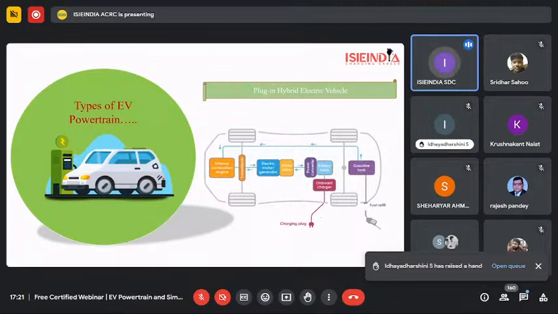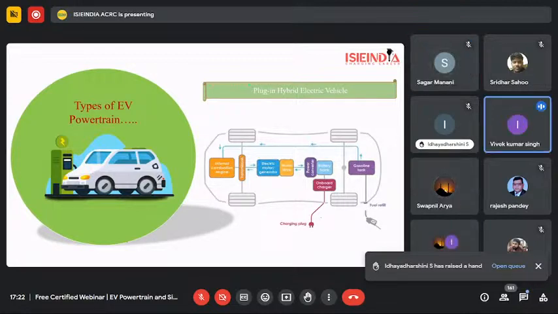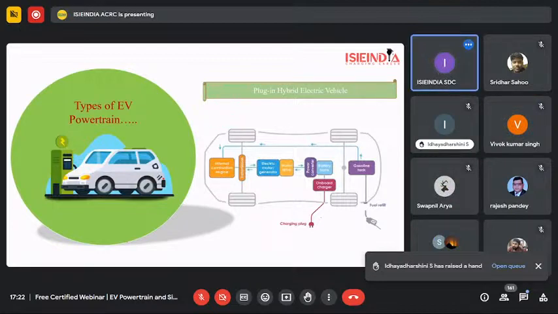So can anyone tell me which one is fast charging? Which charger is used for fast charging purpose, AC or DC? DC, sir. So can you tell me why?